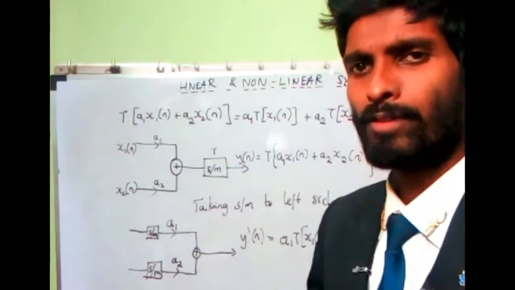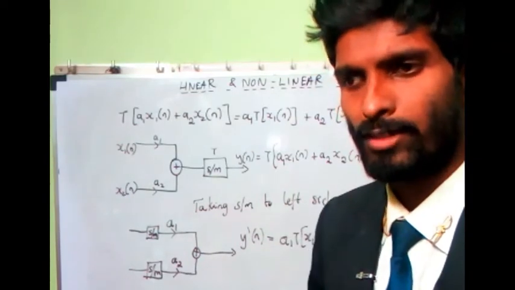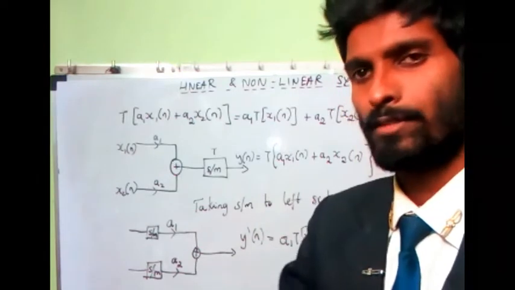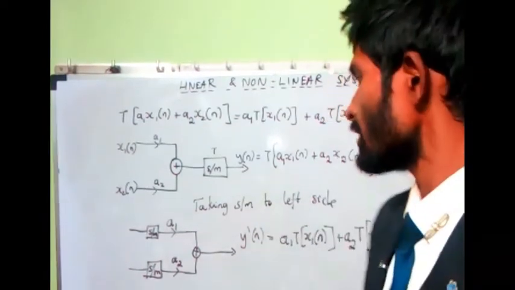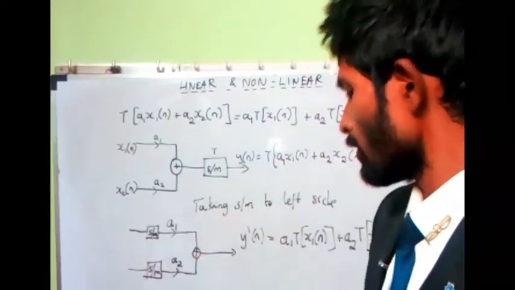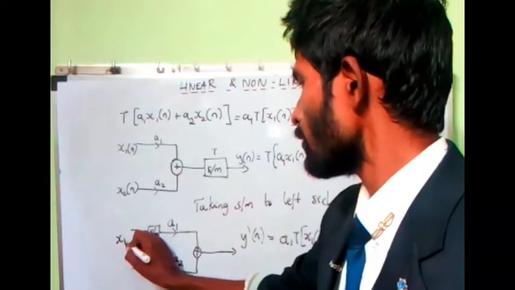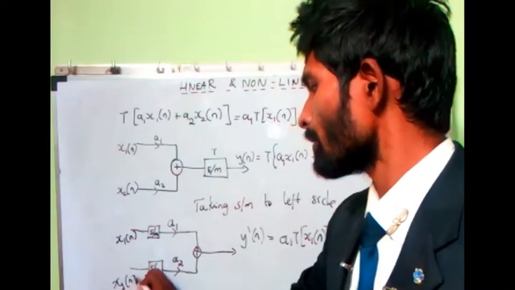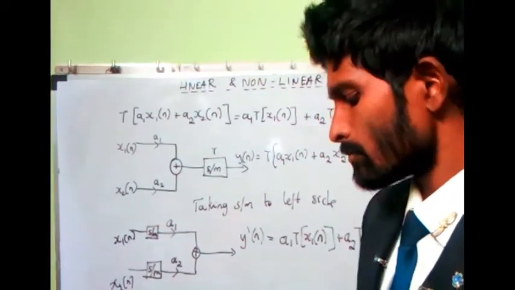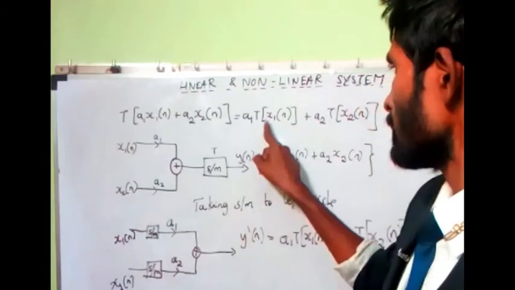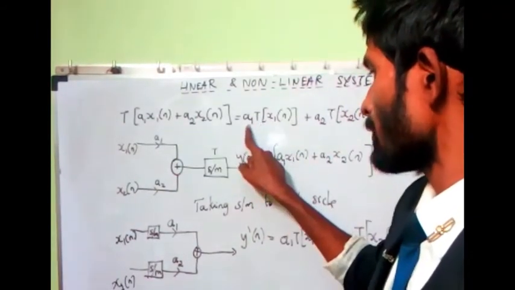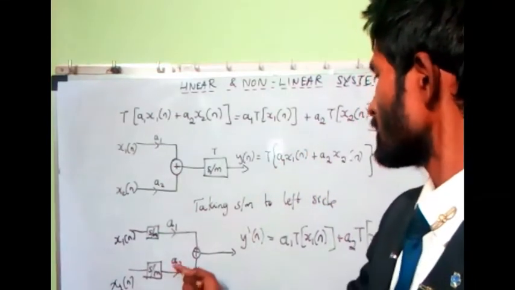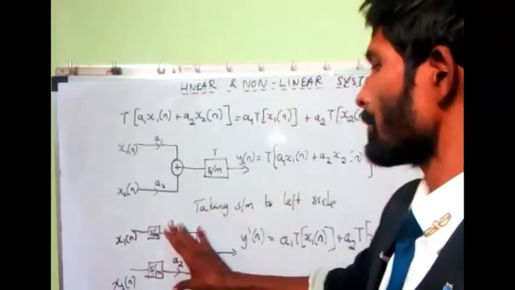For example, a transformer is a system that has an input from a substation and gives output to houses. So x1[n] goes into the system and is multiplied by a1, plus x2[n] goes into the system and is multiplied by a2. This whole thing represents this diagram.